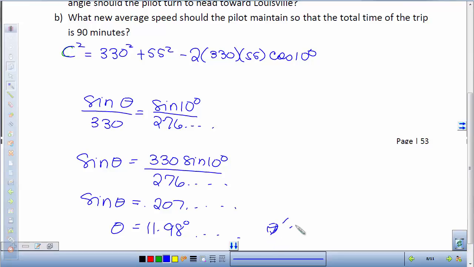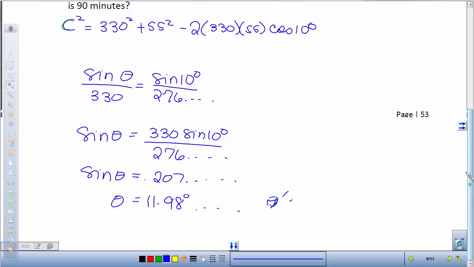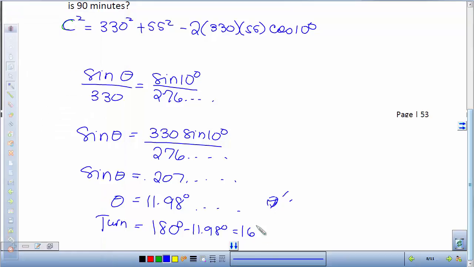To get our answer, it's going to be 180 minus 11.98 degrees because the angle's on the outside. The turn is how much? 168.02 degrees.